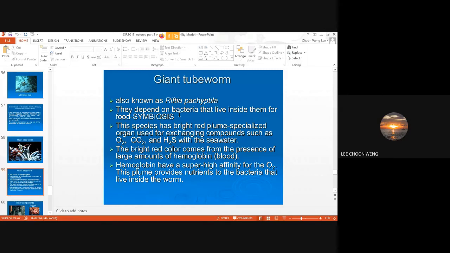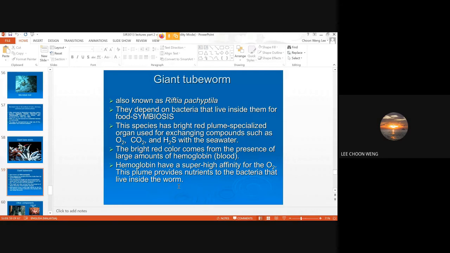So for the giant tube worm, it depends on the bacteria to produce food for it. So the bacteria lives inside the giant tube worm and then carries out chemosynthesis to produce food for the worm. Okay. So the plume provides the nutrients to the bacteria that lives inside the worm.